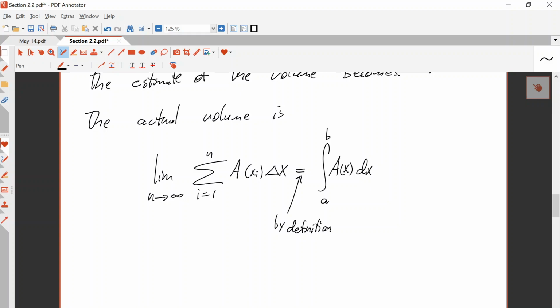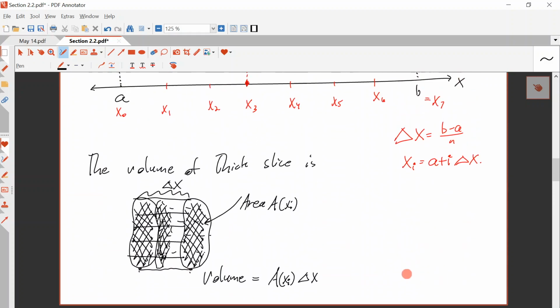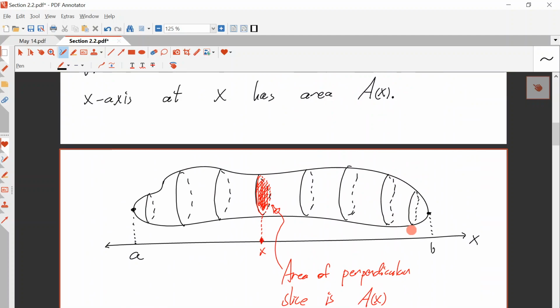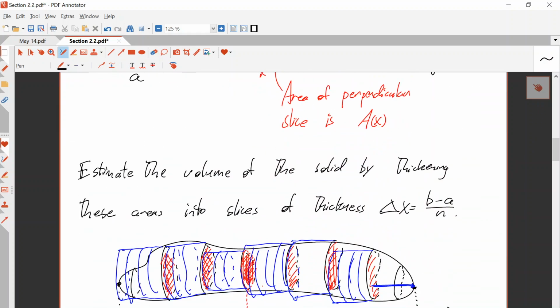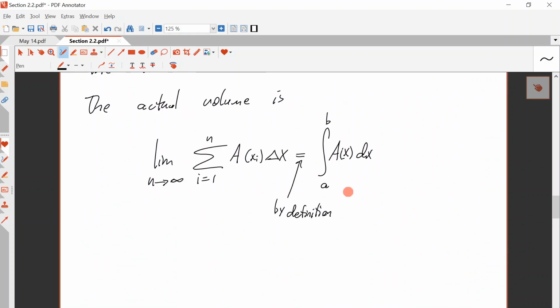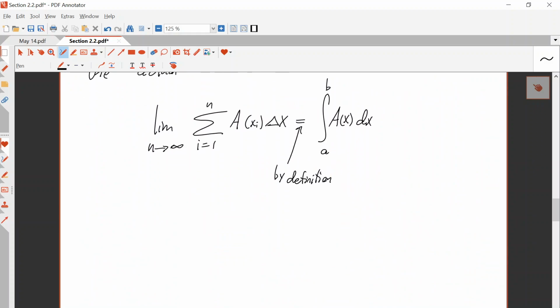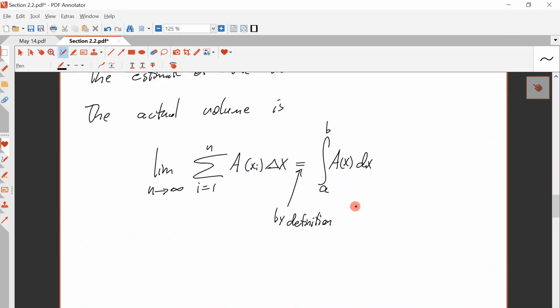Okay, so in summary, let's look at it very carefully. You've got your solid, and it's lined up along an x-axis from a to b. The area of a perpendicular slice, if you can express it as a function A(x), just x, not any other variable, then the volume is just the integral of that area function.